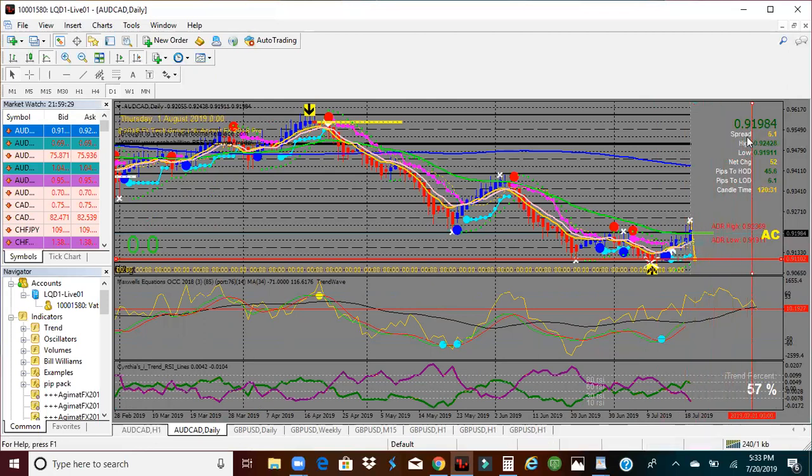This is still a buy zone, guys. And what confirms it is how I have this blue signal with the green on top of red. On top of that, you have the green crossover. It crossed over the 60, and it confirmed the buy.